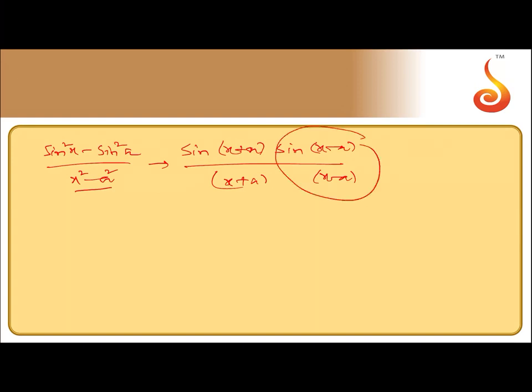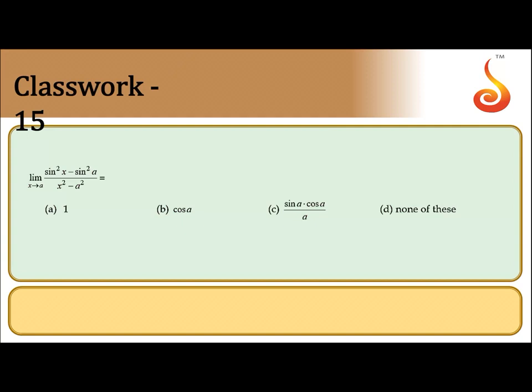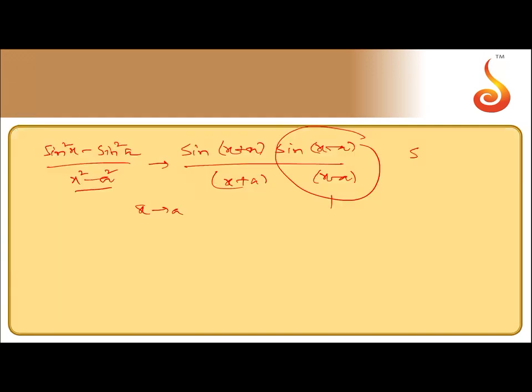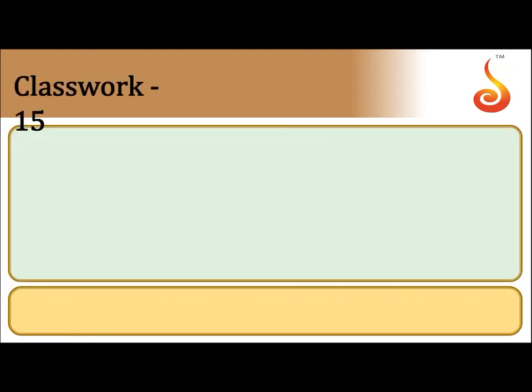Obviously, sin theta by theta, as theta tends to 0, is 1. And as x tends to a, this is sin 2a divided by 2a. Clearly, sin 2a can be written as 2 sin a cos a divided by 2a. 2 gets cancelled, giving sin a cos a divided by a. That is the answer.